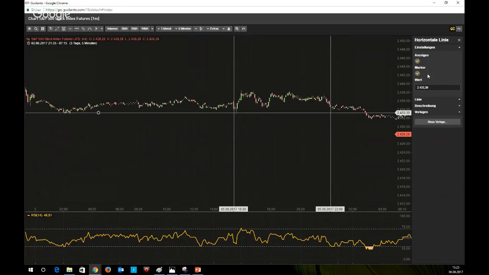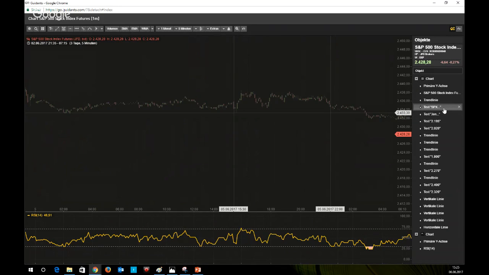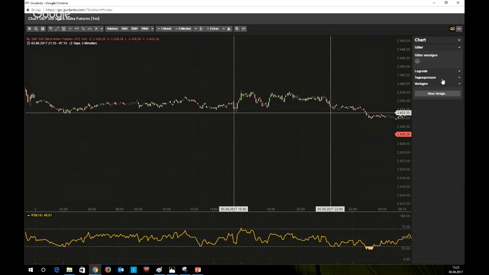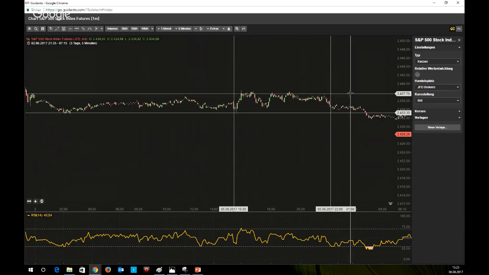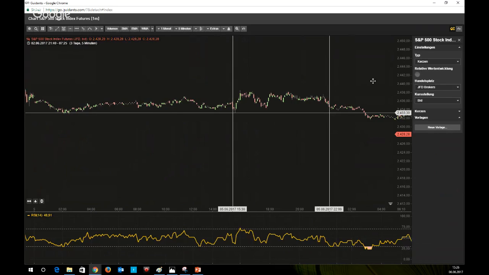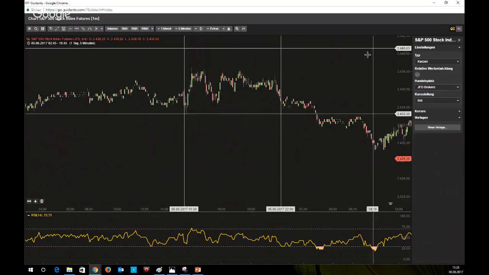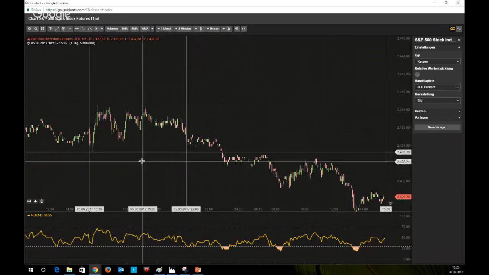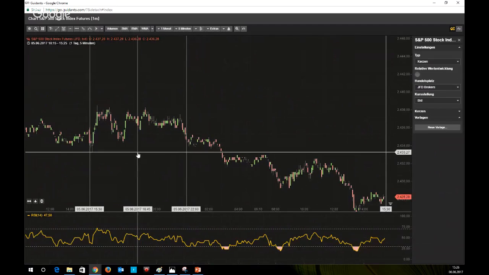By the way, I'm sorry. What we'll do here definitely makes sense, but what makes even more sense is, where is it? Here is the S&P. So it's JFD brokers. Perfect, that's great. Okay, and you have the low here from yesterday.